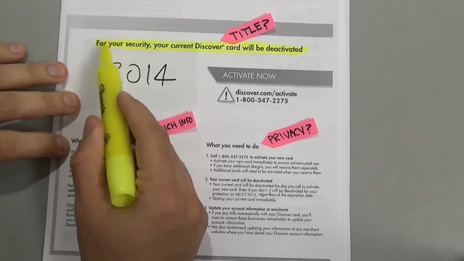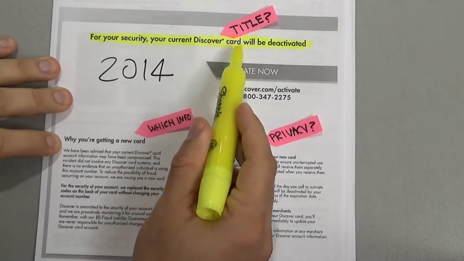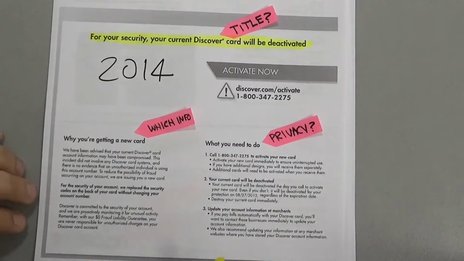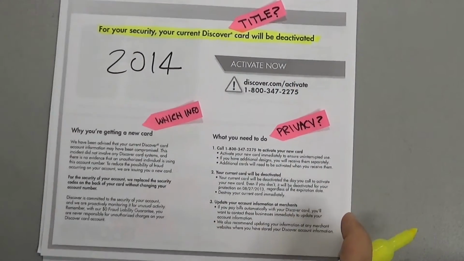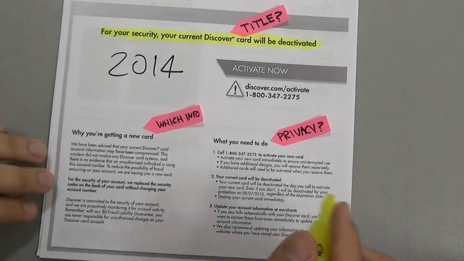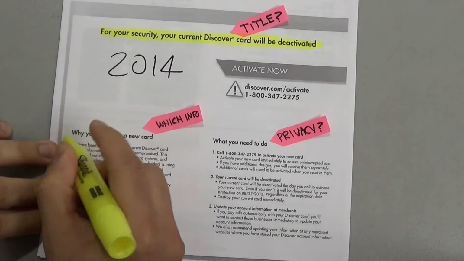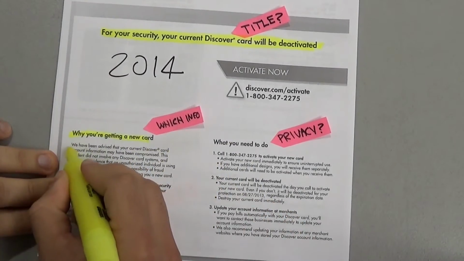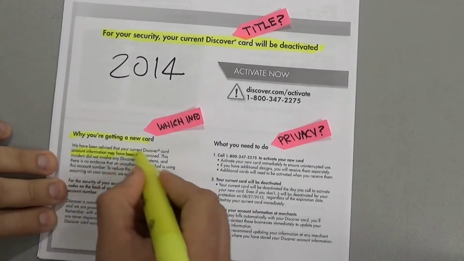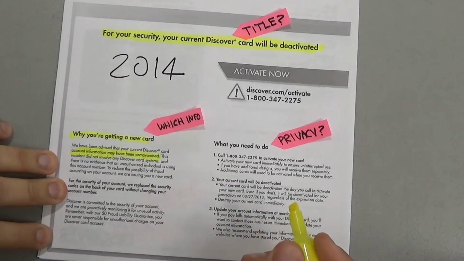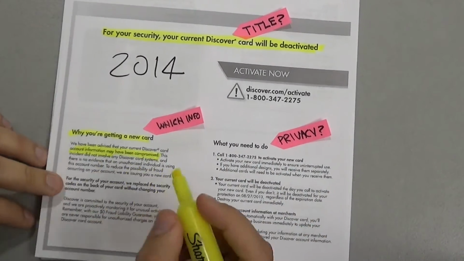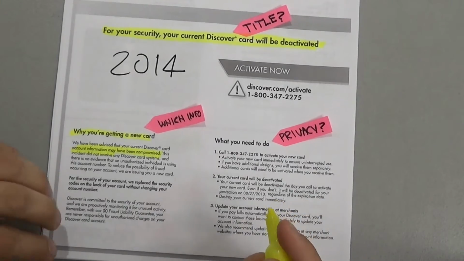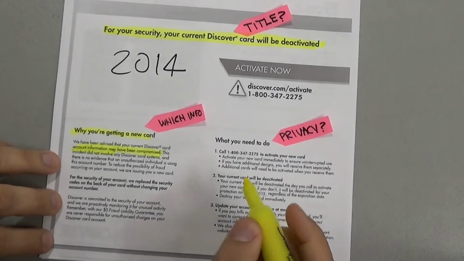They only say, "For your security, your current Discovery card will be deactivated." It sounds like something went wrong with my card, but it doesn't tell me that actually it was a security breach. In this subtitle, "While you are getting a new card," they mention that some account information may have been compromised, but it doesn't say exactly which information was compromised, so users cannot take action about this breach.